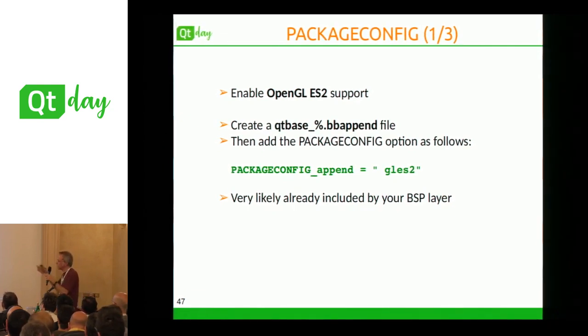So in this case, I don't care about it. And I say, I want to add to the configuration of the system to support the graphical acceleration system. Very likely, it is already included in your system, particularly if you are using Toradex, just to say a name.